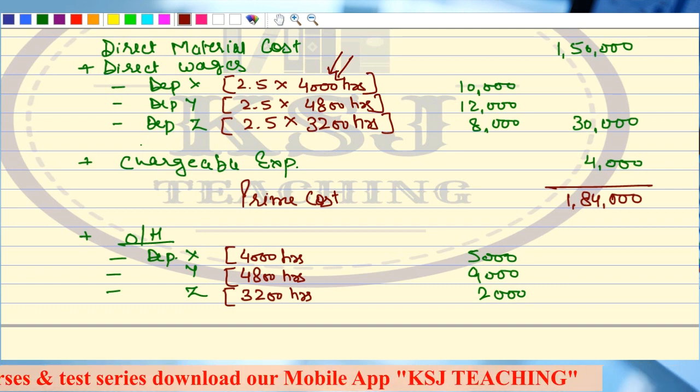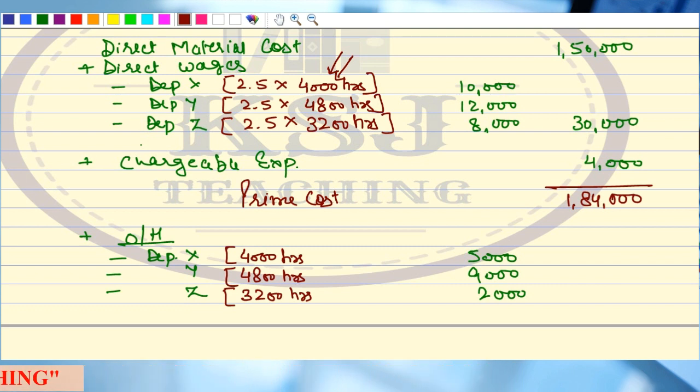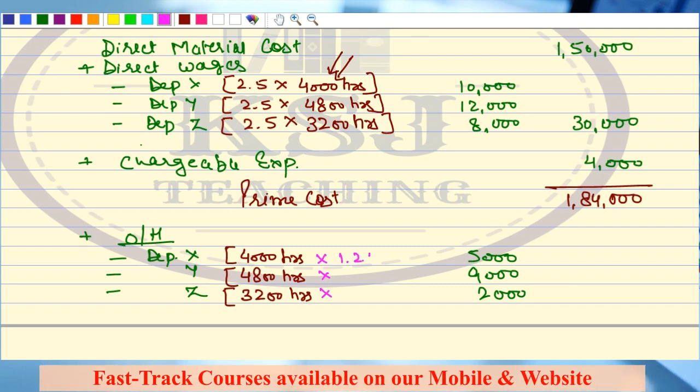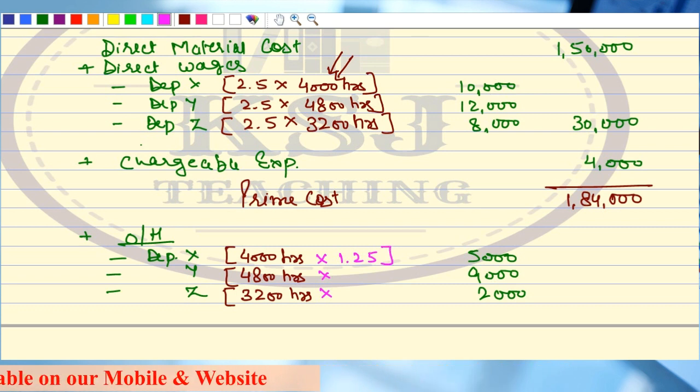Now, if 5,000 overheads have been incurred for 4,000 hours, can you tell me the rate per hour? Sir, 5,000 divided by 4,000, that will give me 1.25. Similarly, 9,000 divided by 4,800, that will give me 1.875.